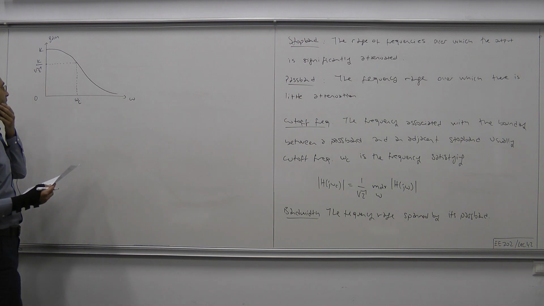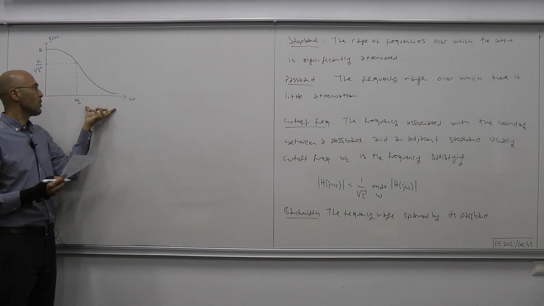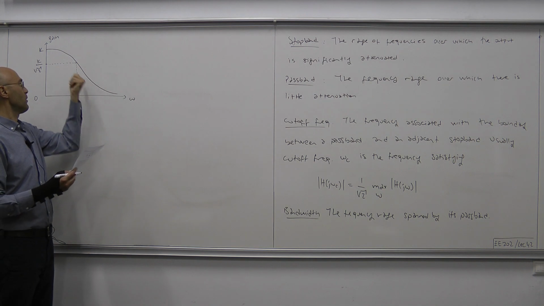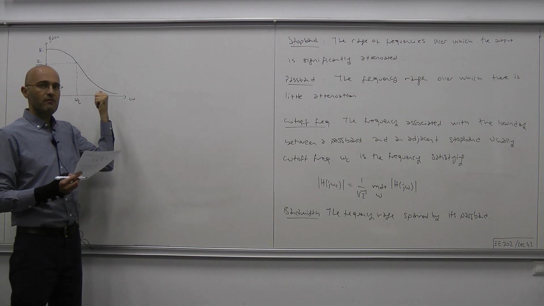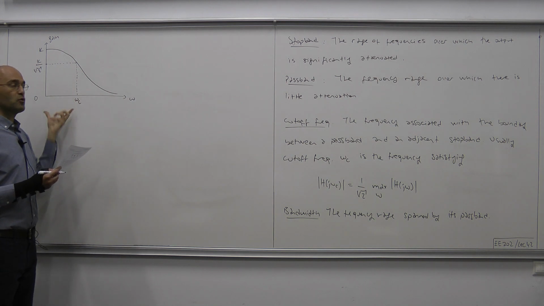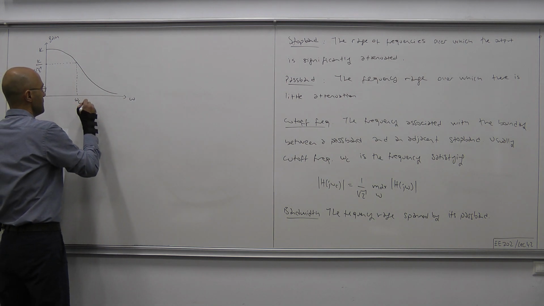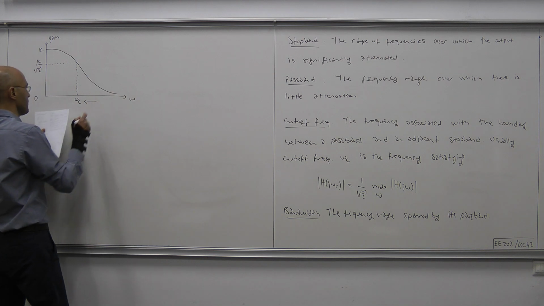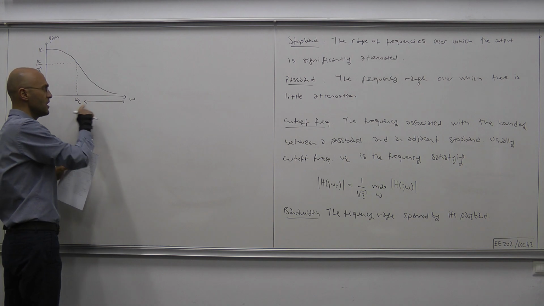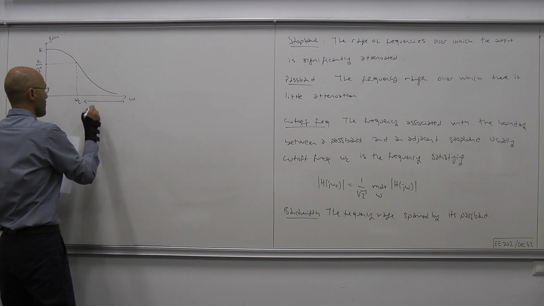So in this shape it's clear that this is stopband because this is the tail part, and in the tail part the gain is very much smaller than the first part, from 0 to omega c. Therefore this here is our stopband, that is, frequencies from omega c up to infinity.